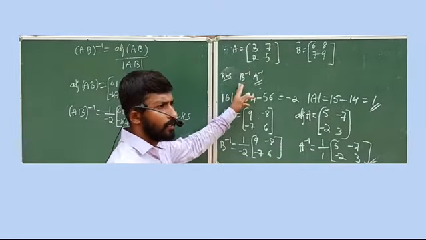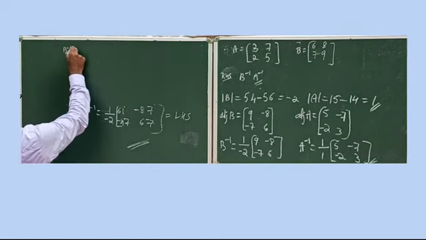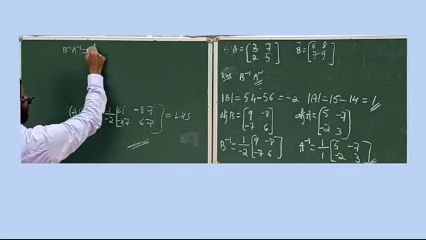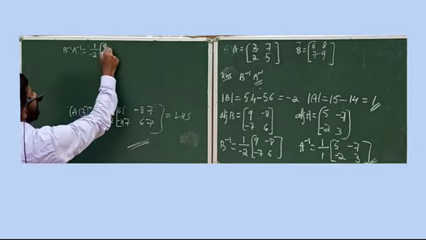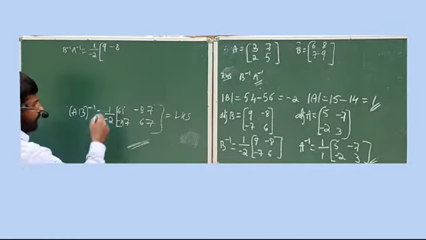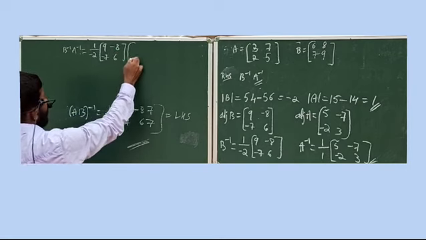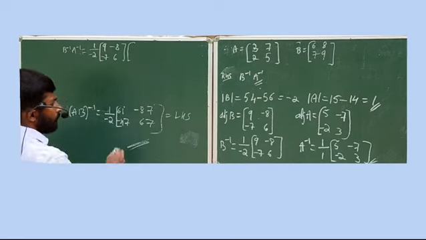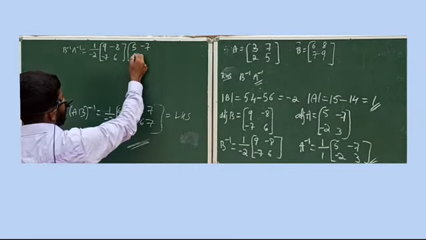Now what you need to calculate? RHS is product B inverse A inverse. B inverse into A inverse is equal to, B inverse value is 1 by minus 2 into [9 -8; -7 6] into A inverse value, 1 by 1 is 1, no need to multiply, [5 -7; -2 3].